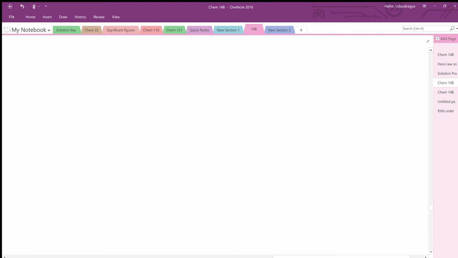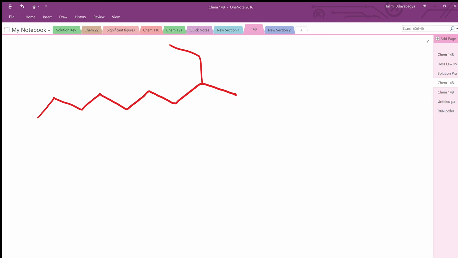Let's see if you guys could get the trick on this one. What is the name of this particular molecule? Remember, the molecules could wiggle.